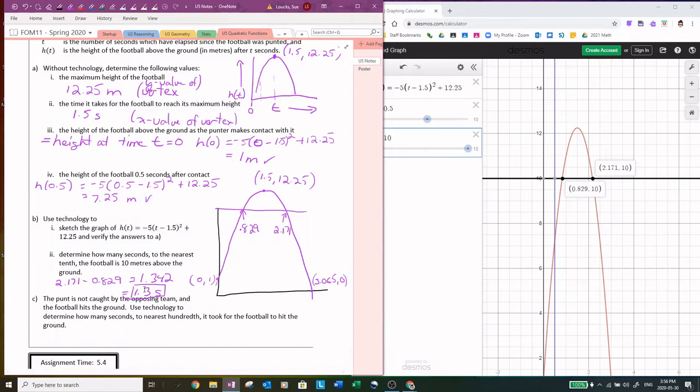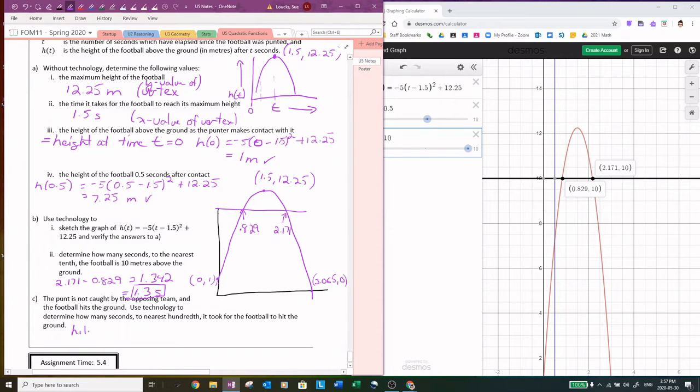Okay, the punt is not caught by the opposing team and the football hits the ground. Use technology to determine how many seconds to the nearest hundredth it took for the football to hit the ground. Well, that is when it's at height 0, right?